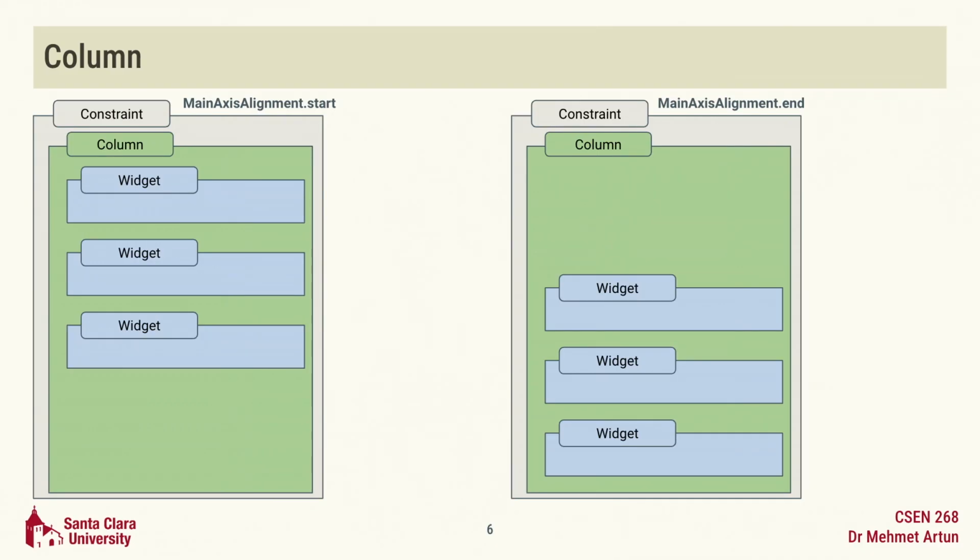There are a few other options, like main axis alignment space between, which will try to distribute them evenly. There are a few other ones that you can test and understand. There's one, I think, which leaves a space here, puts one here, leaves a space, puts one, leaves a space, and leaves a space here. So it's space around evenly. The space around them becomes even. We can test all of these things later.